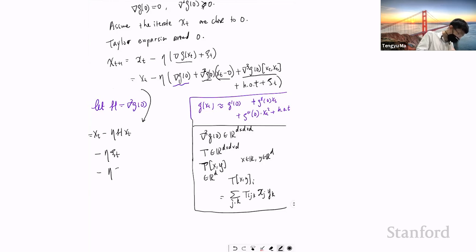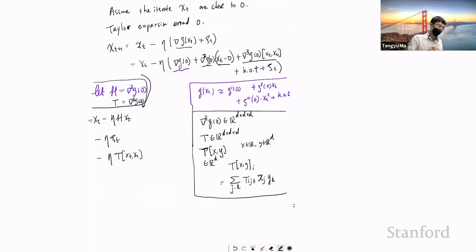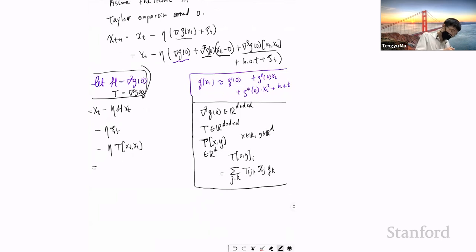I'm also going to define T to be the third order derivative, and then this is T(x_t, x_t). Higher order terms, let's ignore from now on. Anyway, we are not going to formally deal with them. We just have an approximation here.